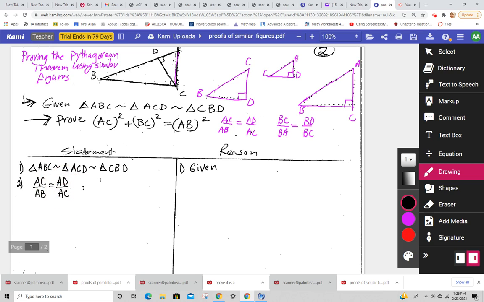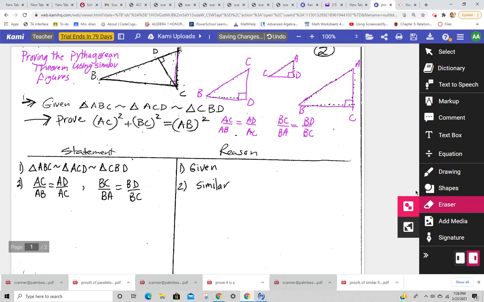So that's one of them. BC over BA equals BD over BC. The reason: similar figures are proportional.